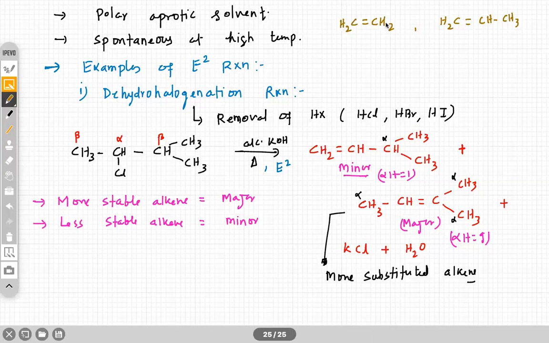Since one hydrogen is substituted by a methyl, this alkene is more substituted than this one.